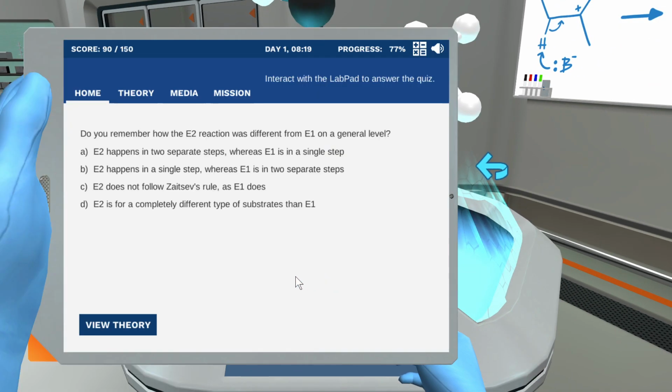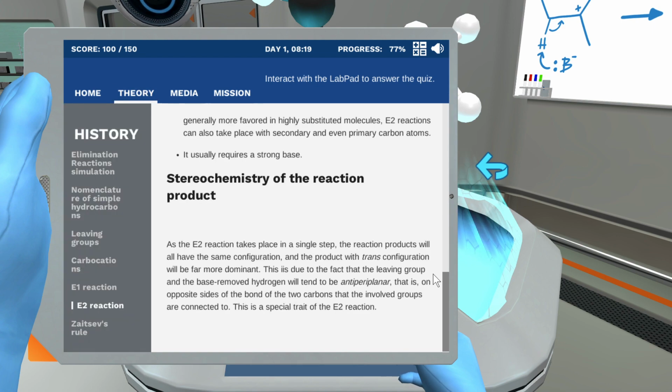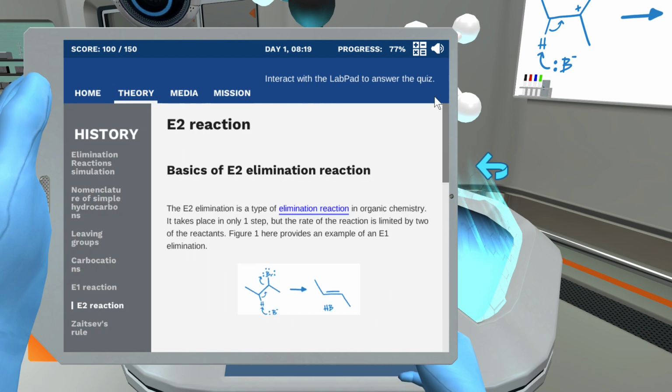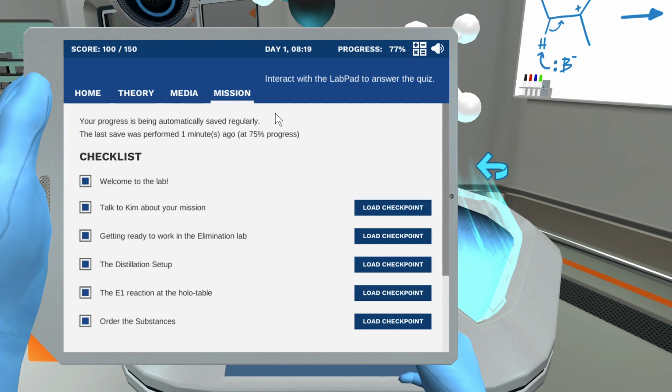Do you remember how the E2 reaction was different from E1 on a general level? Indeed. This can be a bit confusing, but the number does not refer to how many steps there are, but how many reactants the rate-limiting step depends on. And for E2, that's both of the reactants.